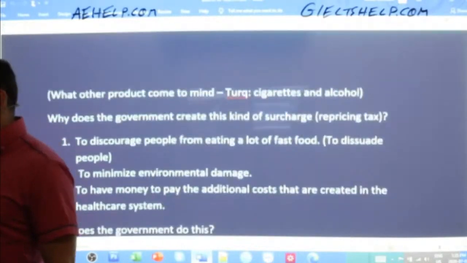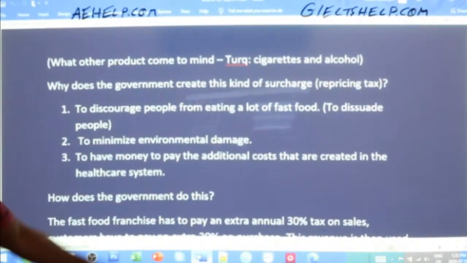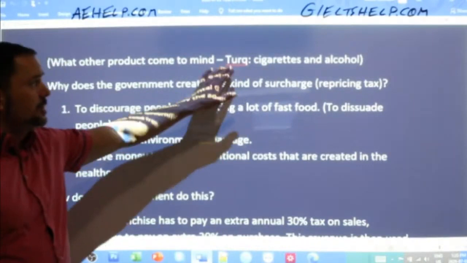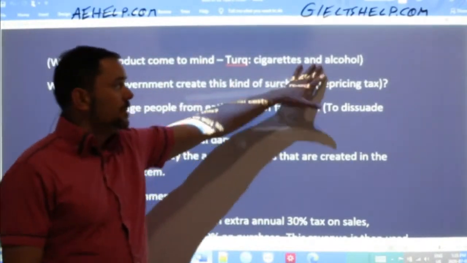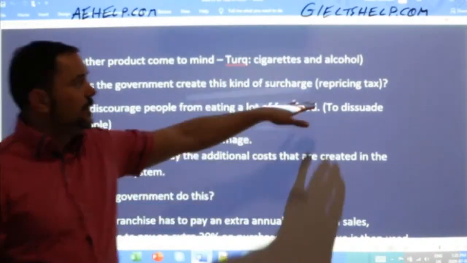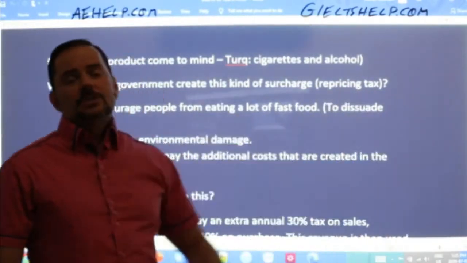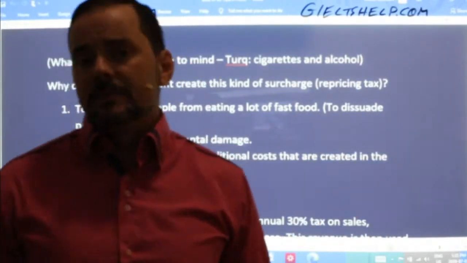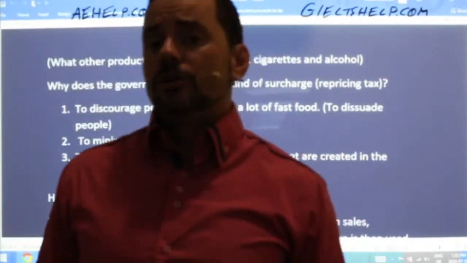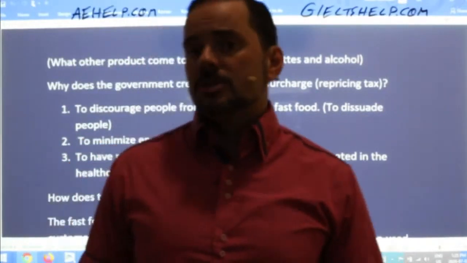So Turk, very cleverly yesterday, said, well, it's kind of like taxes for cigarettes and alcohol, and Turk was right. It's actually called a repricing tax. So repricing taxes are used by governments for products that are called socially irresponsible products.